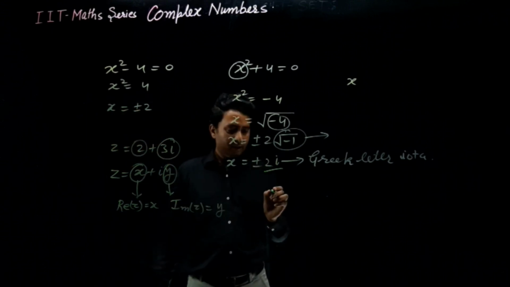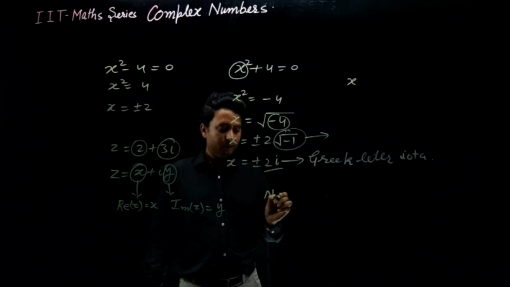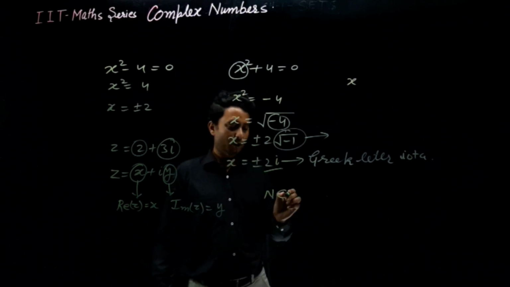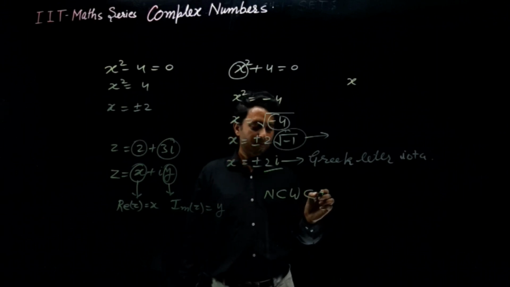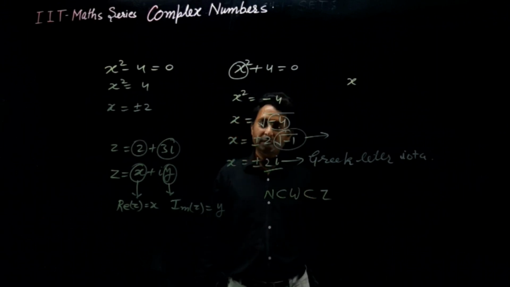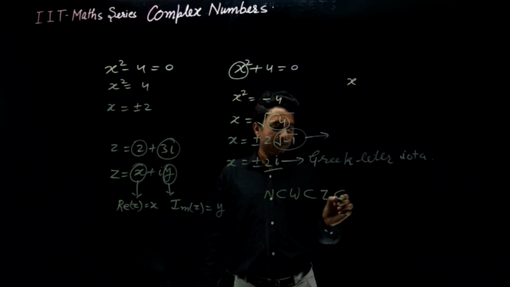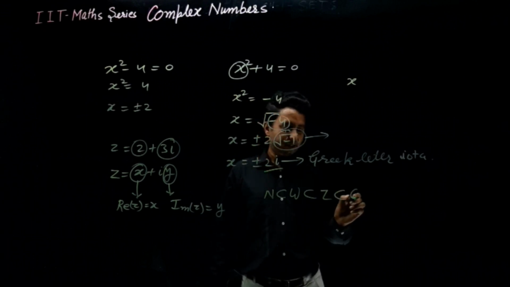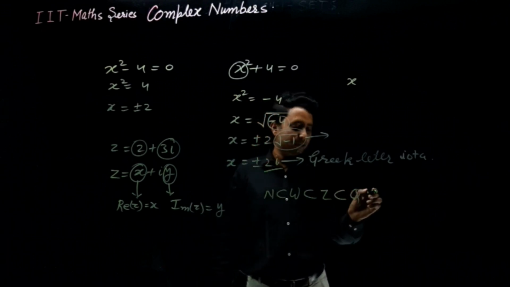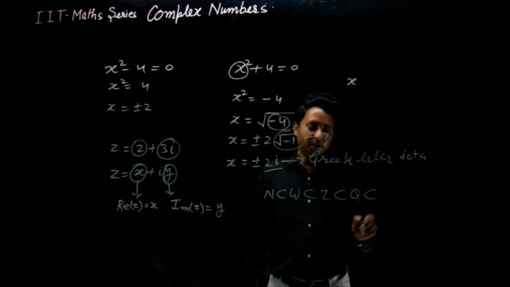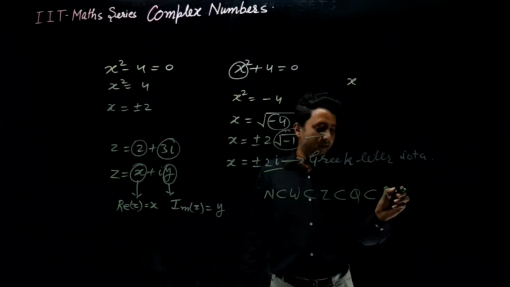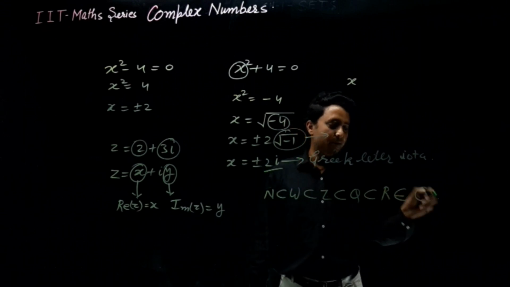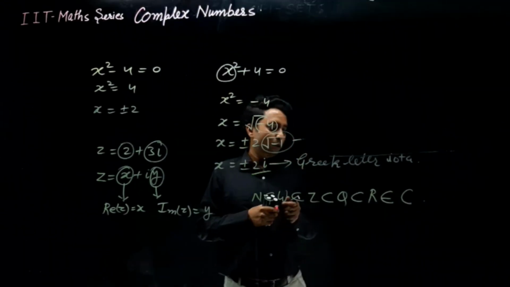You know natural numbers are a subset of whole numbers. Whole numbers are a subset of integers, integers are a subset of rational numbers, and rational numbers are a subset of real numbers. Real numbers are a subset of complex numbers.